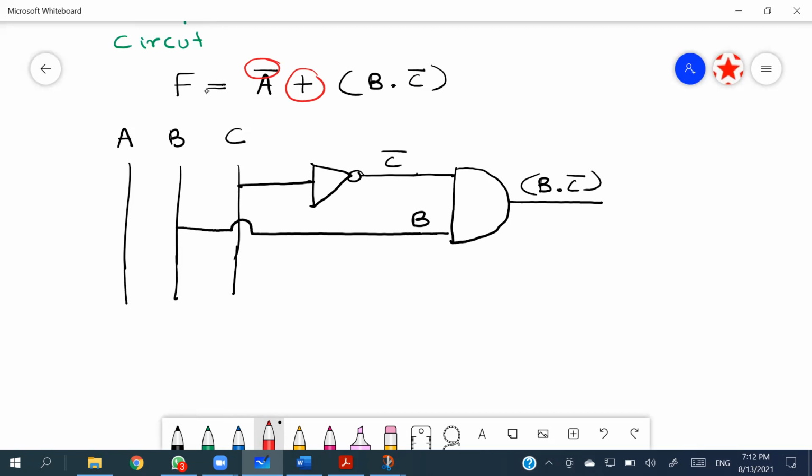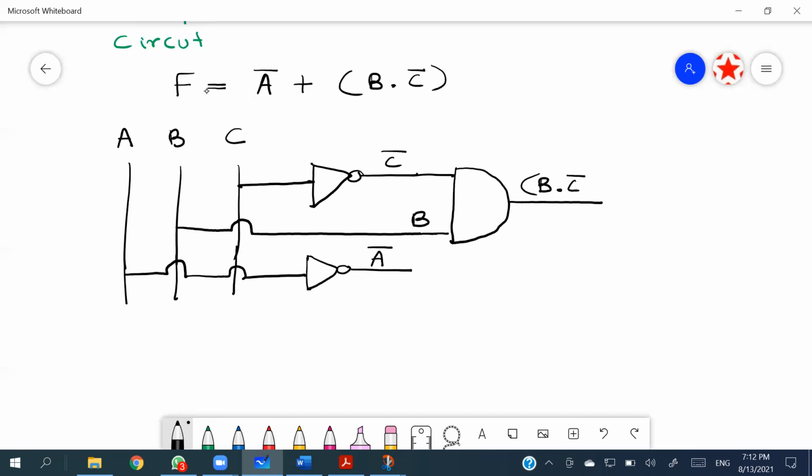It's the NOT operator, because our order is brackets, NOT, AND, and OR. So first we create the A bar. How do we create the A bar? We take a line from A, jump it over B, jump it over C, and flow it through a NOT gate, which gives us A bar.